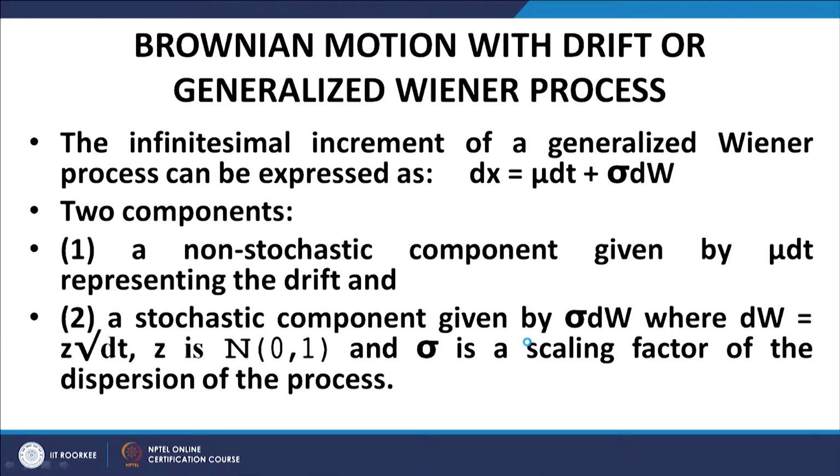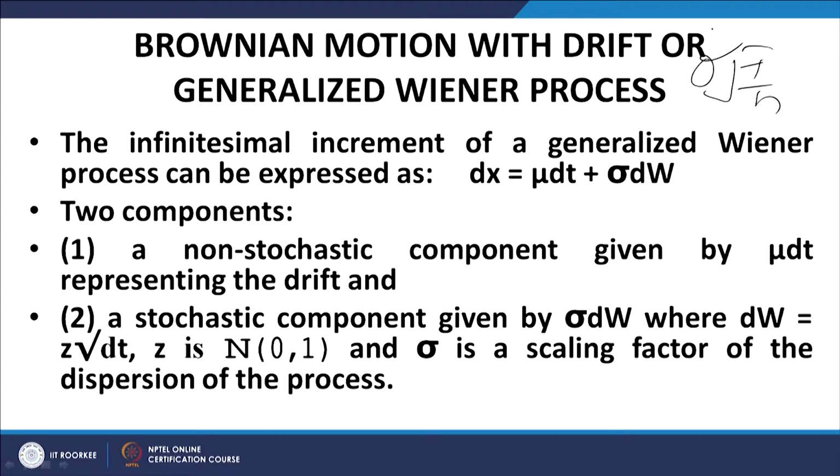Now, let us go back to Brownian motion. We have digressed a lot. Let us go back to Brownian motion. Brownian motion, as I briefly touched upon while talking about random walks, we can have random walks with scaling. The normal scaling that is there for Brownian motion is under root t upon n, but we can add a factor sigma.